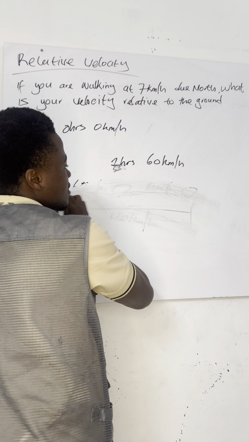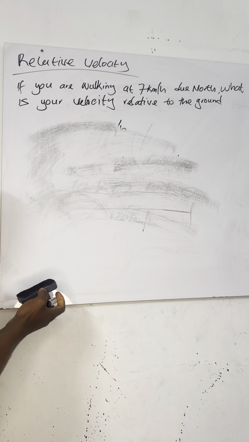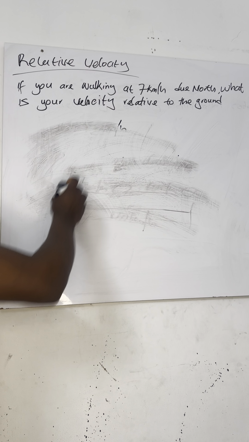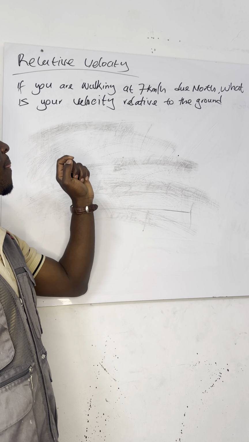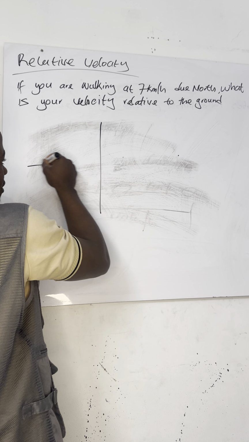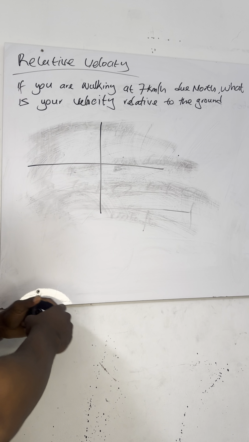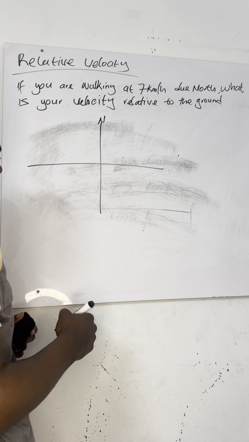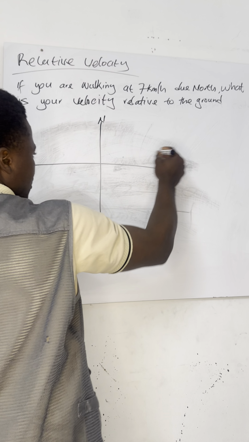Now let's look at this. If you are walking at 7 kilometers per hour due north, let's draw this graph. This is north, this is south, this is west, this is east.